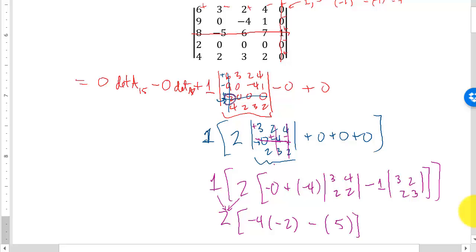So if we simplify this, we're going to get 8 minus 5 is 3 times 2 is 6. So it looks like our final result is going to be 6. Okay, so that's how we expand on a particular row or column, and that's how we can find our determinant.